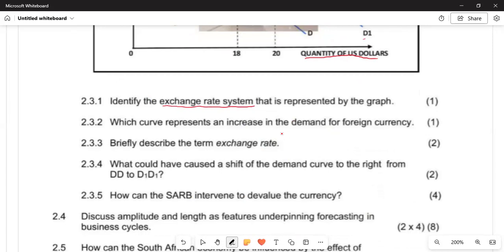2.3.1 is a free floating exchange rate. That is the exchange rate system represented by this graph.